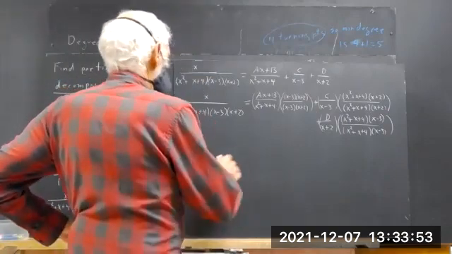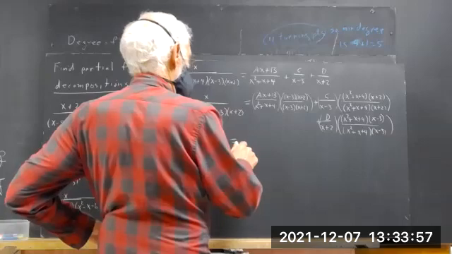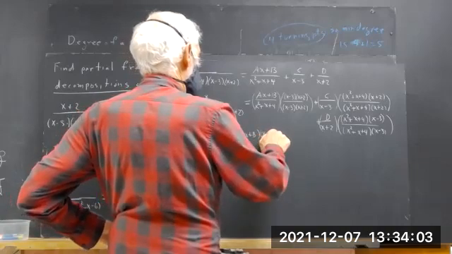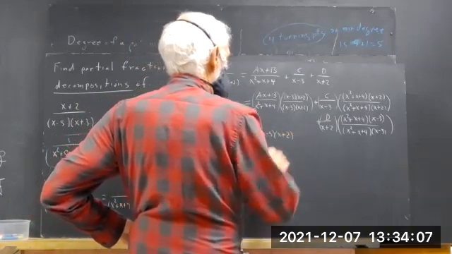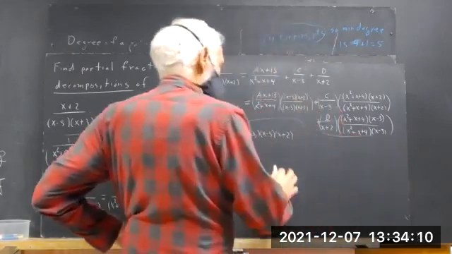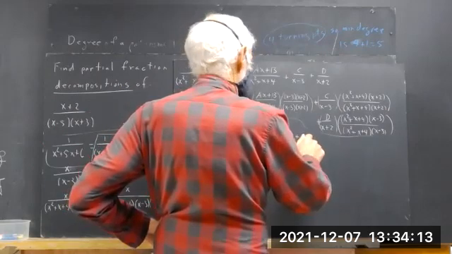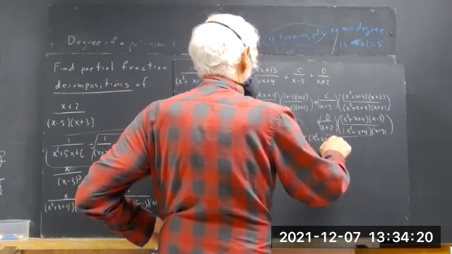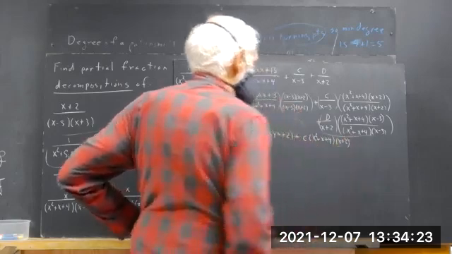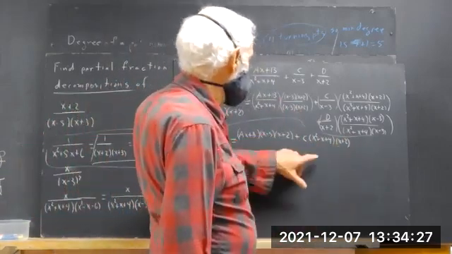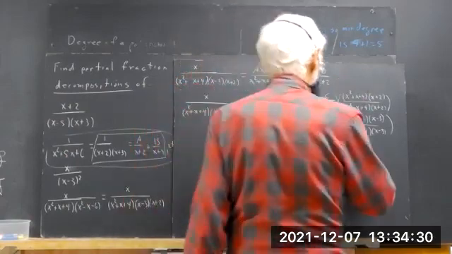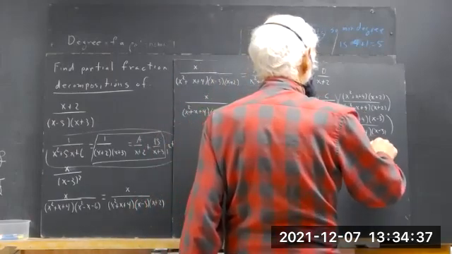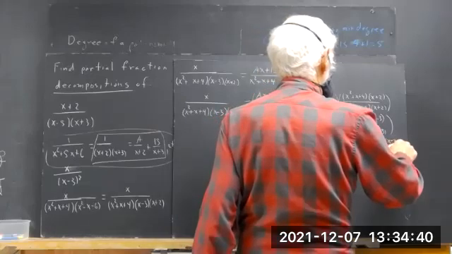Well, this then equals this plus this, and then plus this product, d times x squared plus x plus 4 times 3.